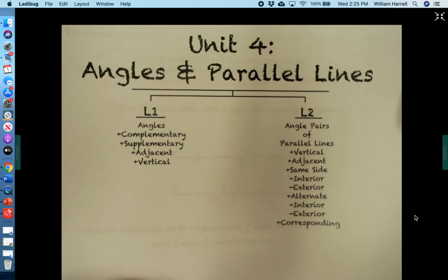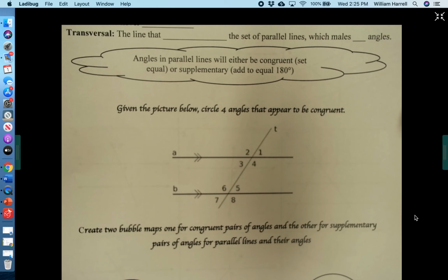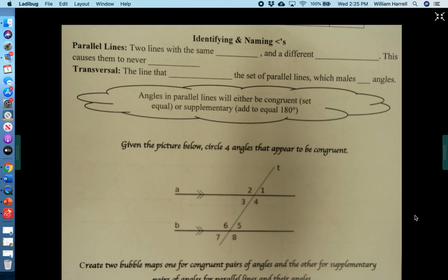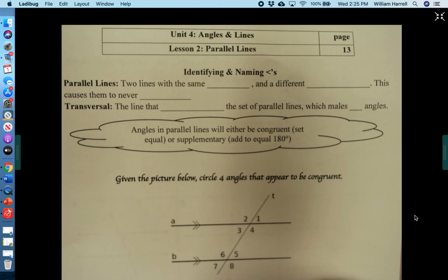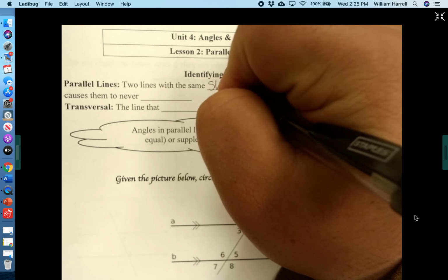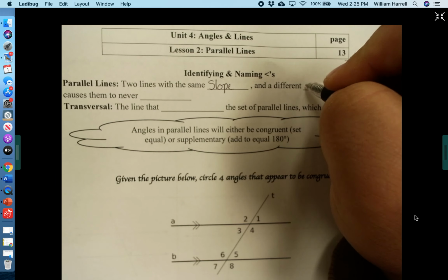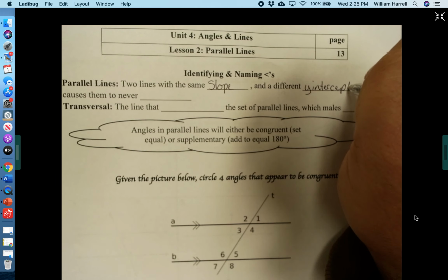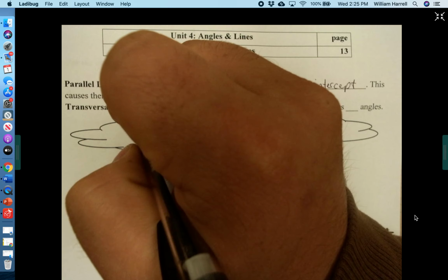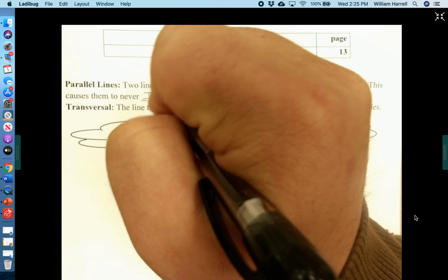So, if you would turn to page 13, identifying and naming the angles in parallel lines. Quick review of parallel lines. Alright, 2 lines with the same slope and a different y-intercept. Alright, this causes them to never intersect.